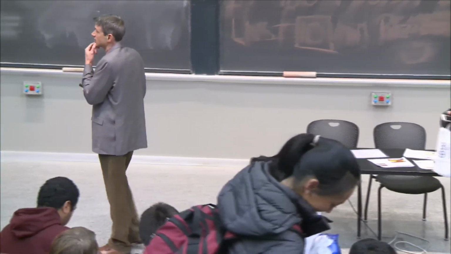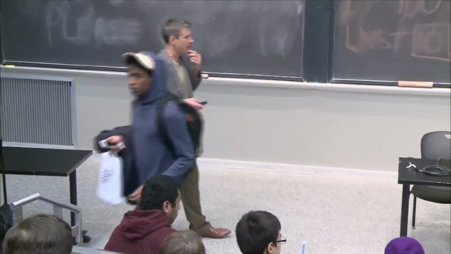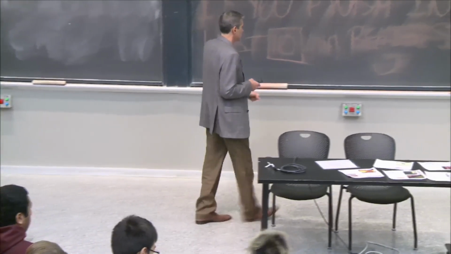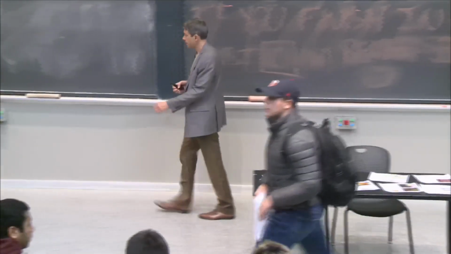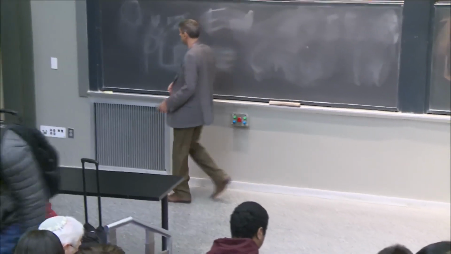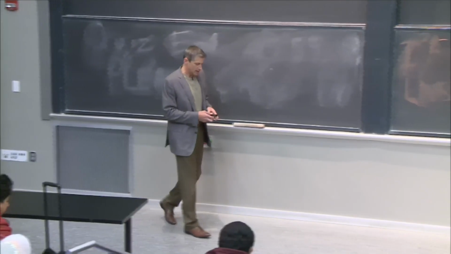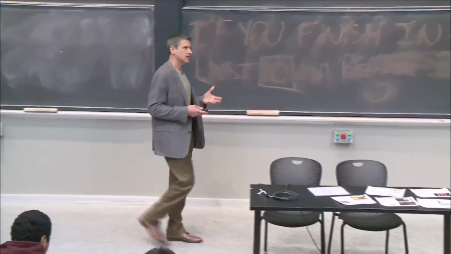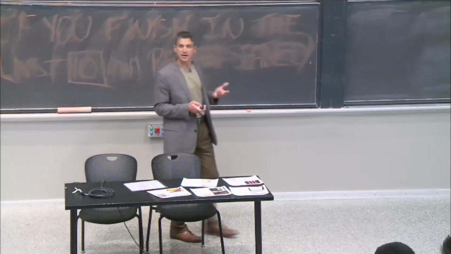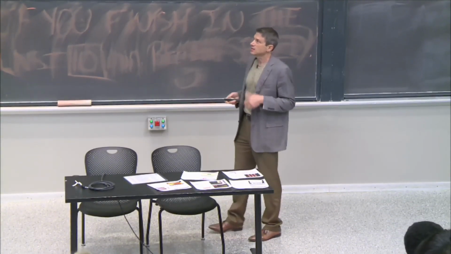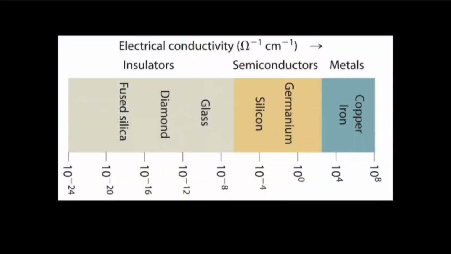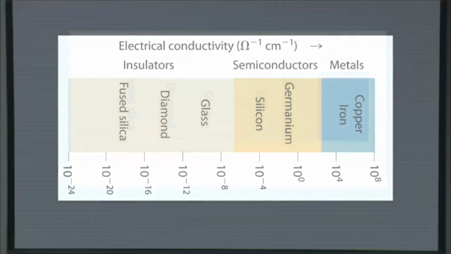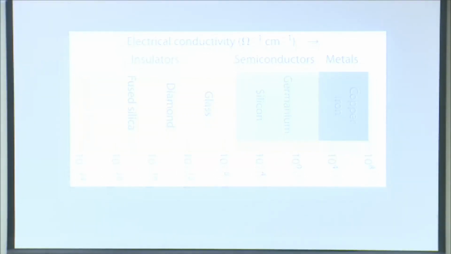Today, instead, we're going to talk about metals and metallic bonding and the properties of metals that are related to the kind of bond that you get in metals. We motivated band theory of solids with conductivity, and there's a chart of conductivity with some elements and some more complicated materials, like glass or silica.